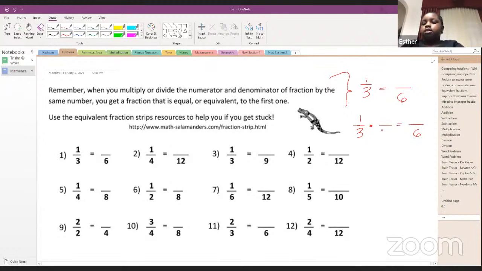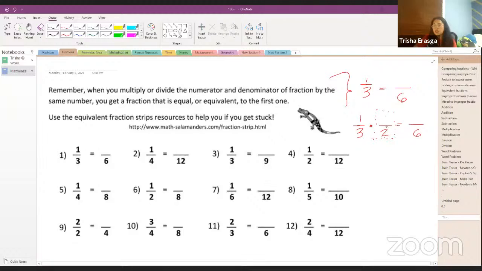2. Yeah. So what we're doing is we're trying to multiply the first fraction with another one until we get the equivalent fraction here. So we multiply with the same number on the top and the bottom. So if we have 2 on the bottom, what should I write on the top? So we multiply 2, yeah.